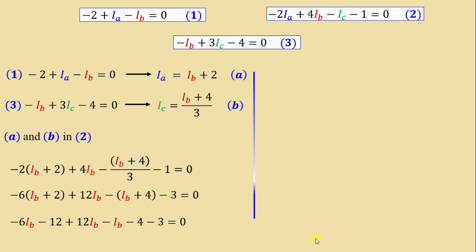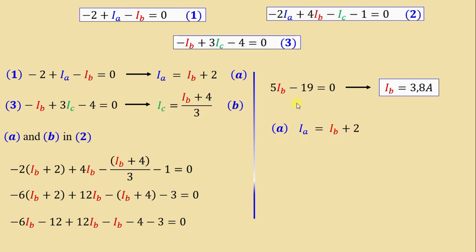If we continue simplifying this equation, we obtain negative 6 IB minus 12 plus 12 IB minus IB minus 4 minus 3. We have here negative 6 IB plus 12 IB minus IB, we obtain 5 IB, and we have here negative 12 minus 4 minus 3 is minus 19. Finally, we obtain 5 IB minus 19 is equal to 0. That means IB is equal to 19 over 5 is equal to 3.8 amps.